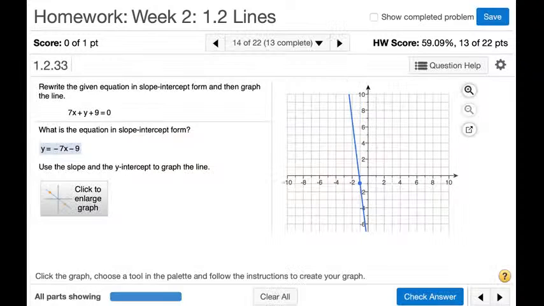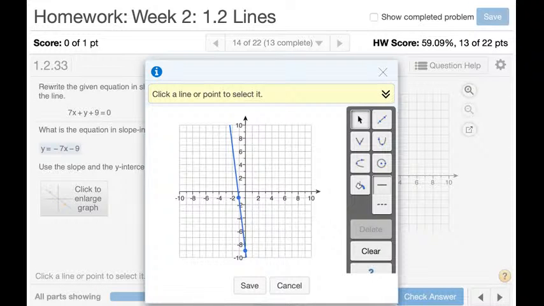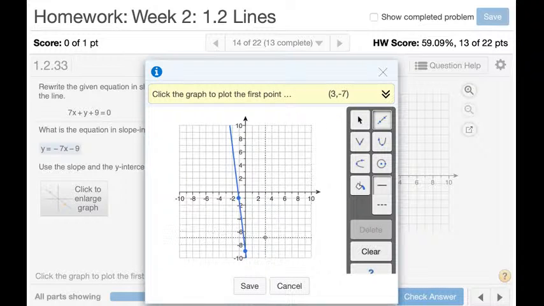Let's try this again. The y-intercept is negative 9. It needs to have a negative slope. So normally we go down 7 and right. So now let's go left 1 and up 7. This y value is negative 9, so this should be negative 2.